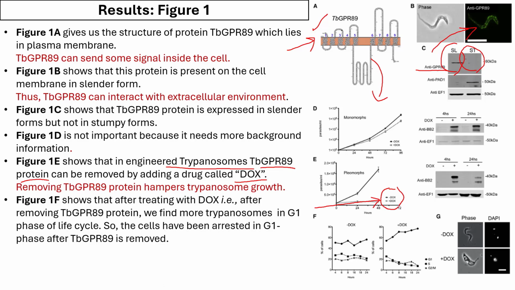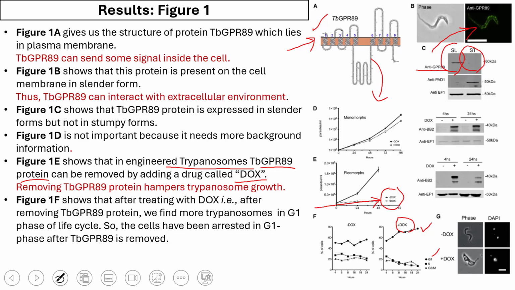In figure 1F, the researchers found that when the trypanosomes are treated with DOX, plus DOX meaning the DOX has been added to the trypanosomes, the trypanosomes are more likely to be present in G1 phase. So we already have this clue that the stumpy form usually exists in G1 phase.